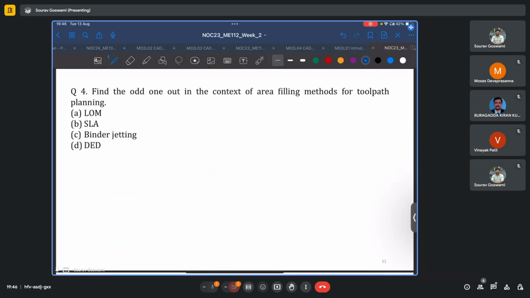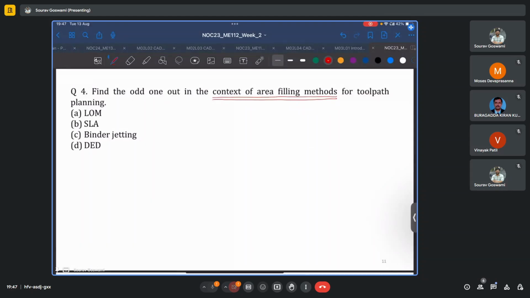The fourth question is asking us to spot the odd one out in the context of area filling methods for toolpath planning. And the options given to us are laminated object manufacturing, stereolithography or SLA, binder jetting, and DED.